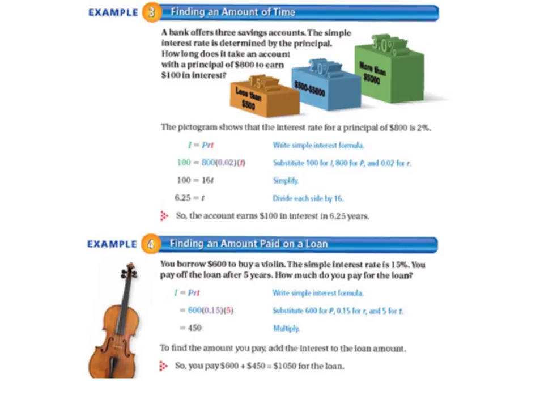We have accounts with less than $500 earning 1.5% interest, accounts with $500 to $5,000 earning 2% interest, and accounts with more than $5,000 earning 3% interest.